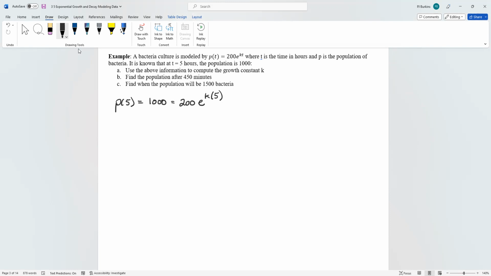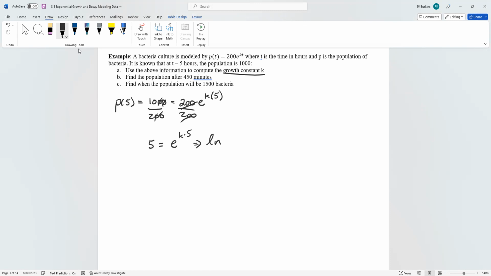So basically we just plug everything in. And again, you'll note that it says use the above information to compute the growth constant K. So in order to do this, same as before, I need to divide by 200, both sides. We can cancel out zeros for that. So we get 10 over 2, or 5, is equal to e to the k times 5.